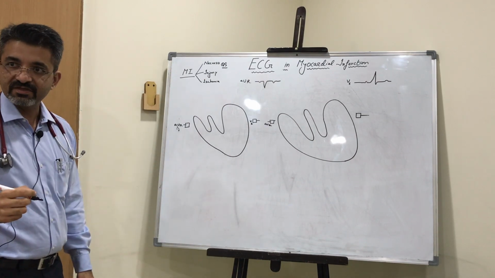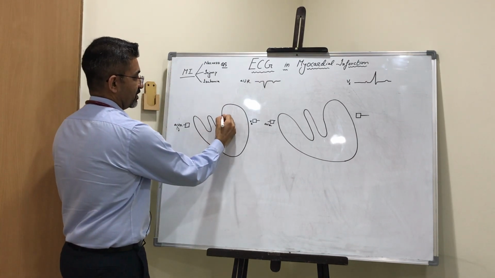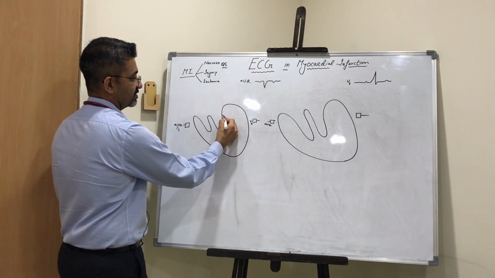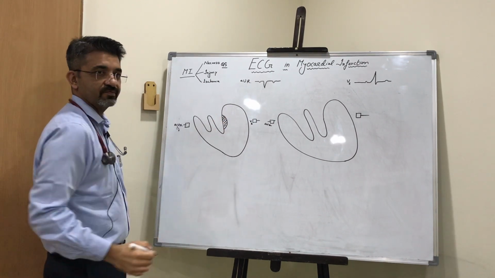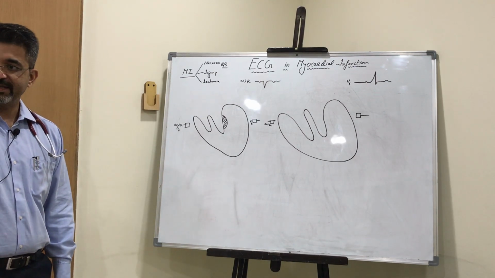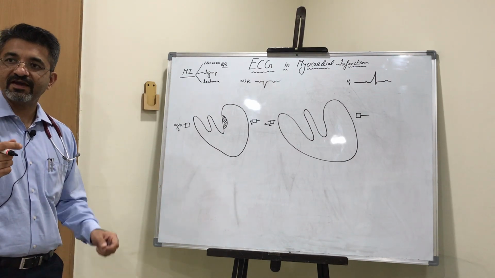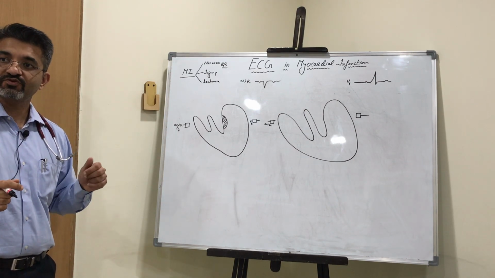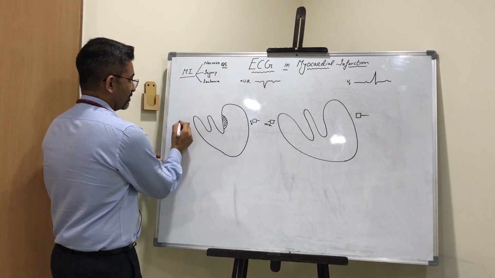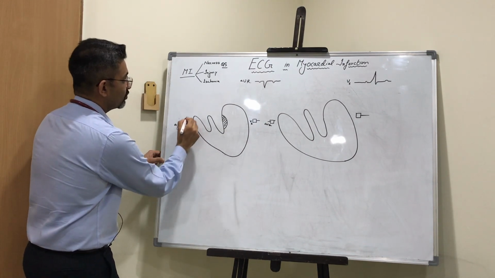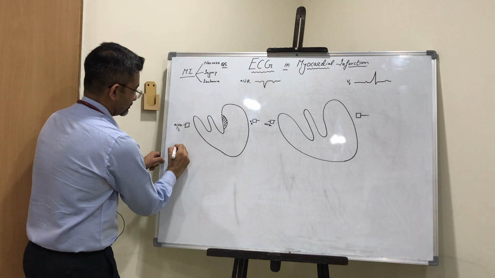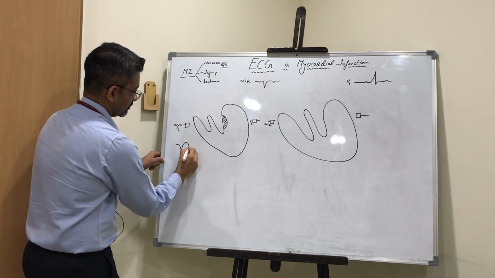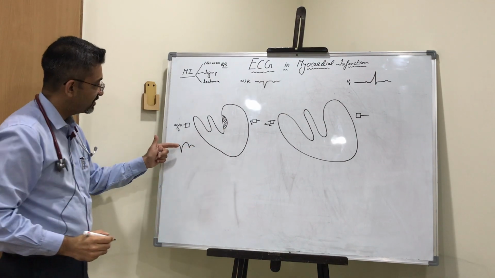Now you imagine something. Suppose I have a problem in the subendocardial surface. This part gets infarcted. So ST segment, as we learned earlier, travels towards the site of injury. So my AVR will look something like this. I have an ST elevation.